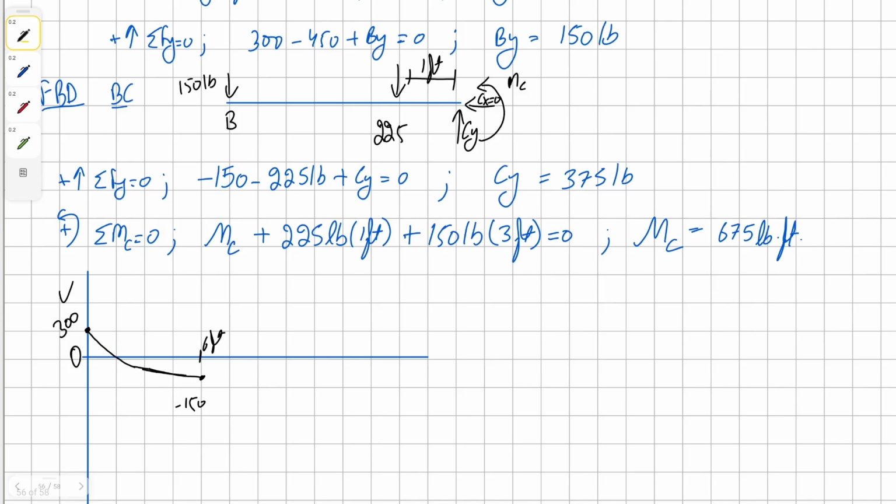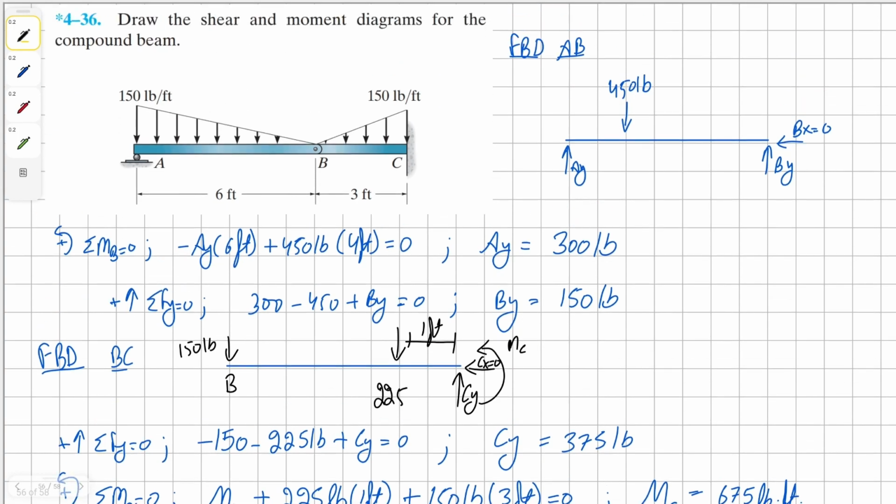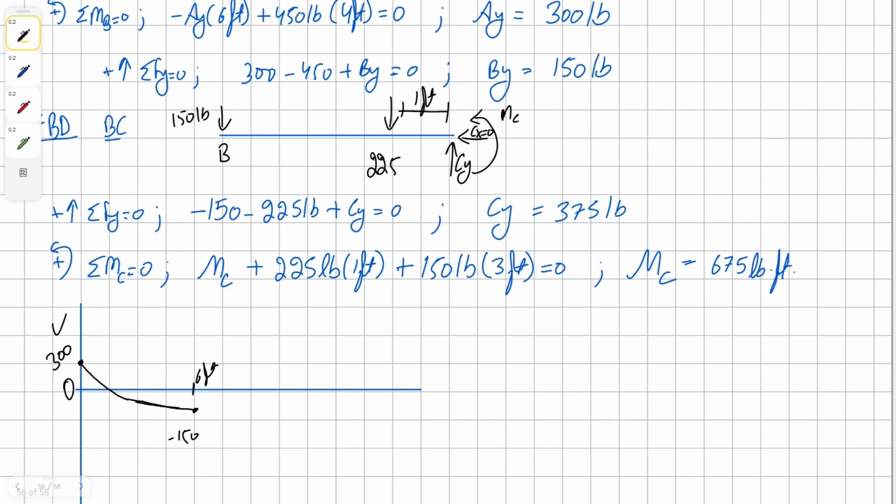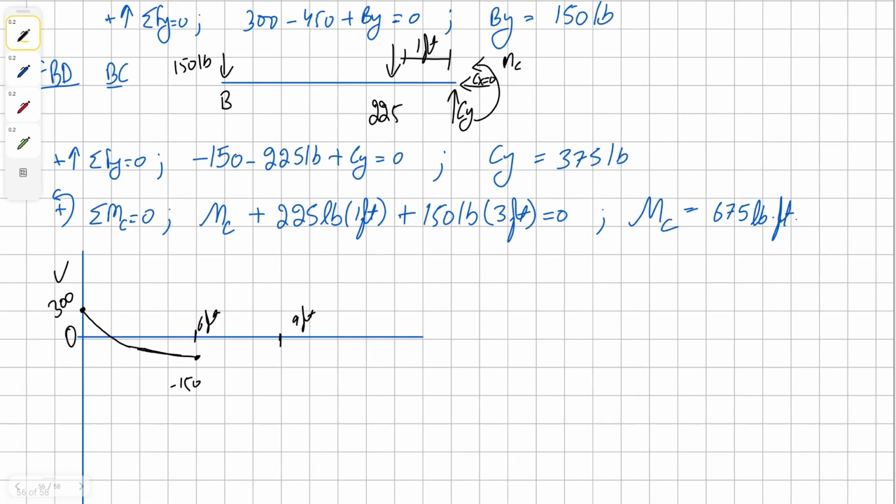All right, and then after 6 feet, we have our section BC, which runs for 3 feet. Let's say this is our 9 feet mark. Okay, and then in here, we're going to run down another 225 pounds, which will take us to about negative 375.